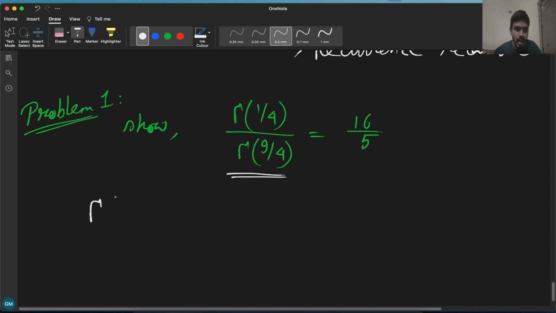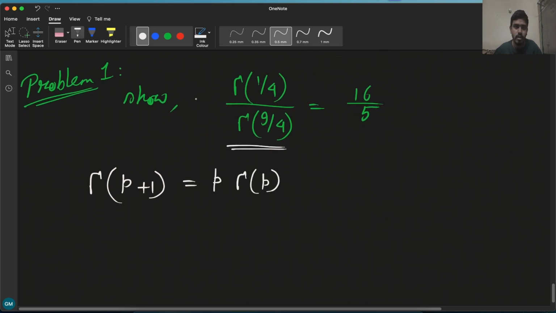If I am using this formula, gamma p plus 1 equals p times gamma p, it will be easier to first put this gamma 9 by 4 through this recurrence relation and see what happens.